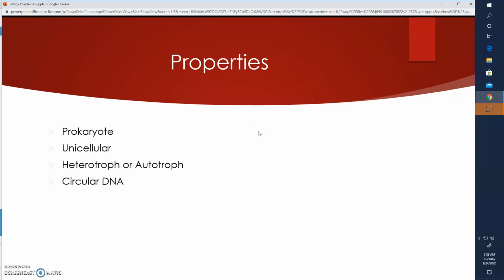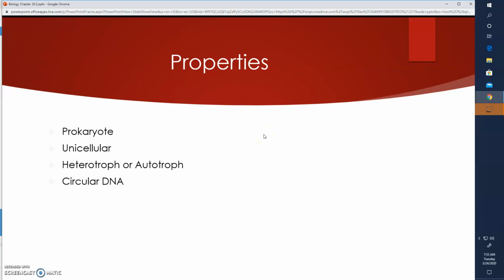But anyway, bacteria. I just want to review bacteria, which we went over a week or so ago with our chart. Remember, they are prokaryotic, unicellular, and they could be heterotrophic or autotrophic. Heterotroph, meaning they have to obtain their food from outside themselves. Autotroph, where they're making their own food as an energy source internally. We'll get to some other details of those later.